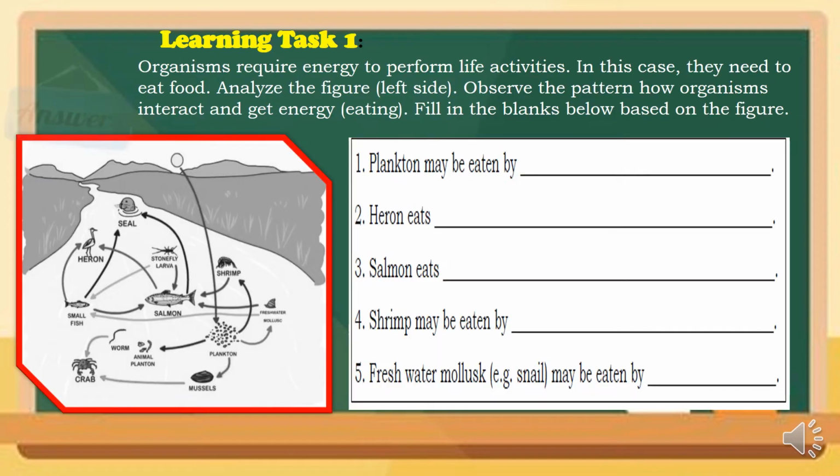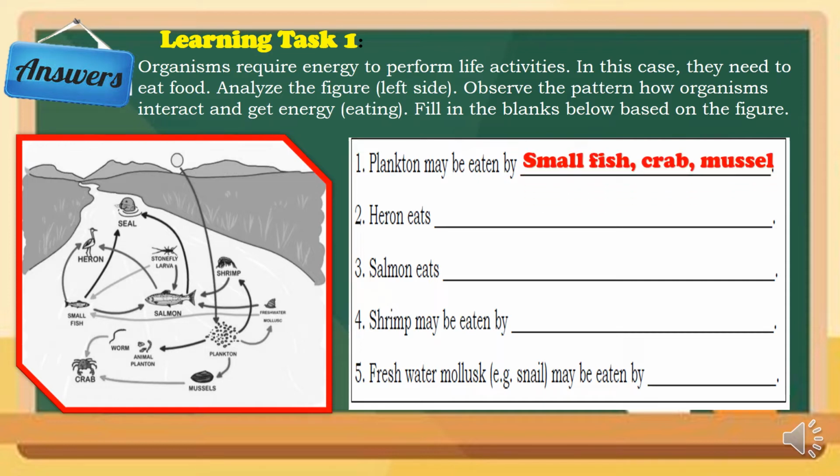So let us now answer Learning Task 1. For number 1, as we can see in the picture, plankton may be eaten by small fish, crab, mussel. For number 2, the answers: heron eats salmon and small fish.